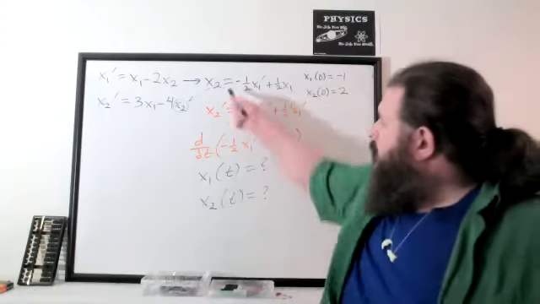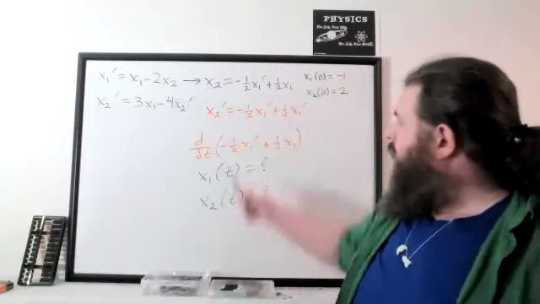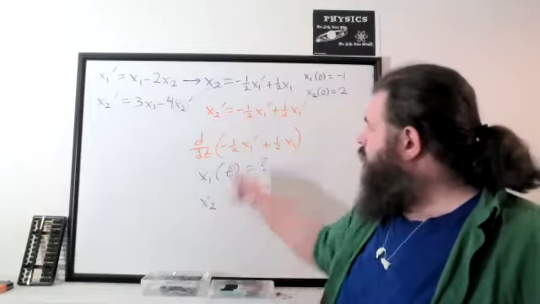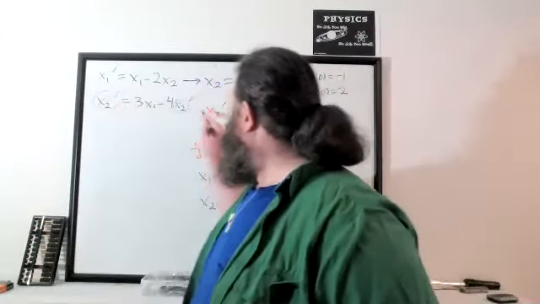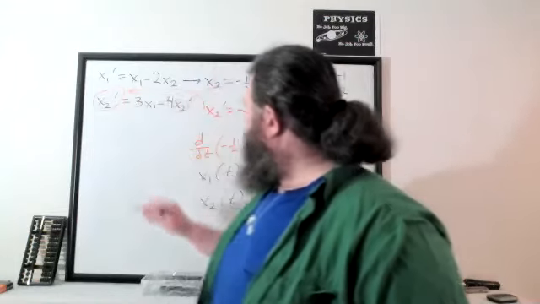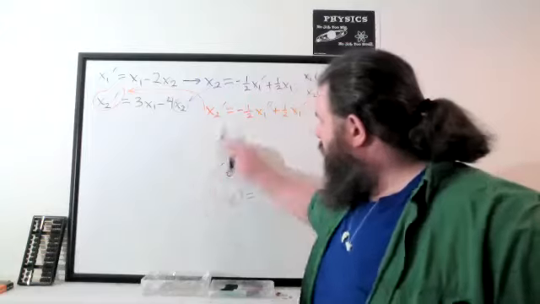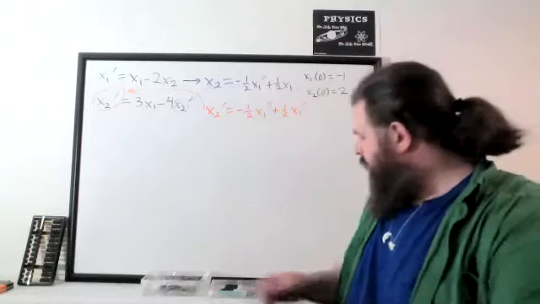And now we have an expression for x2 in terms of x1 and its derivative, and an expression for x2 prime in terms of x1's derivatives. So we can substitute both of these in for x2 and x2 prime. We make those substitutions, and that should give us a new differential equation solely in terms of one unknown function, in this case, x1.